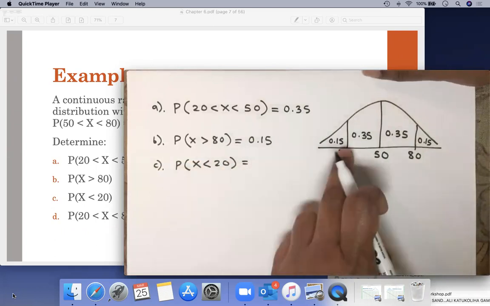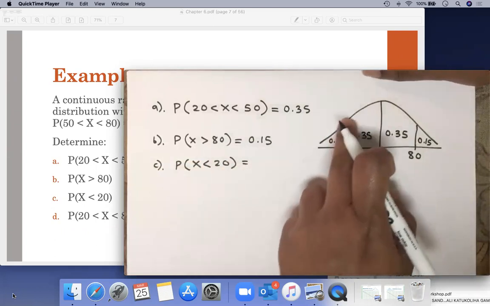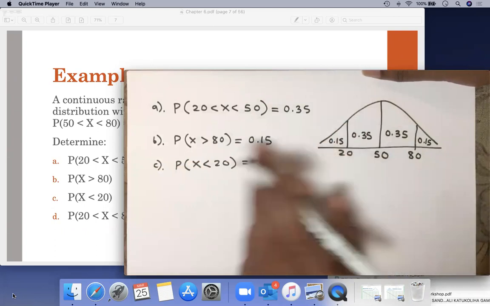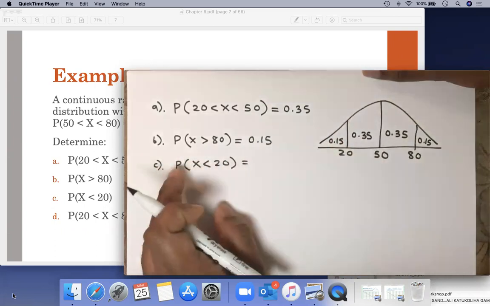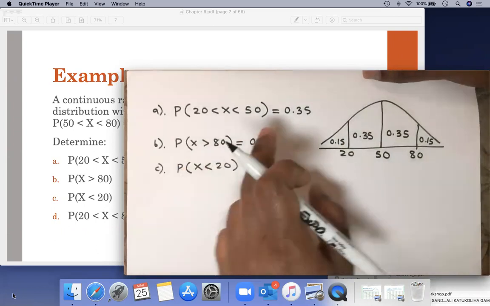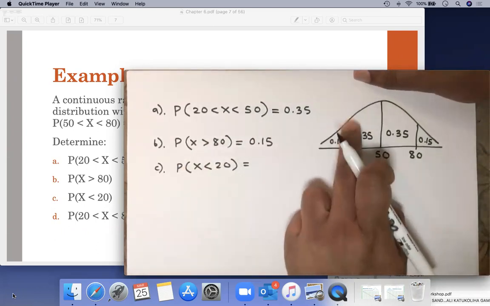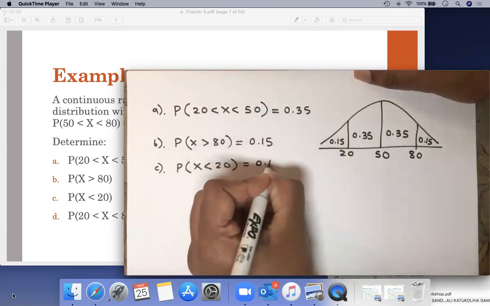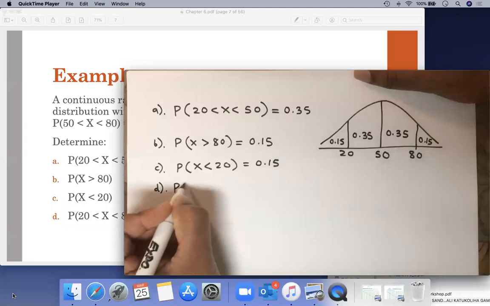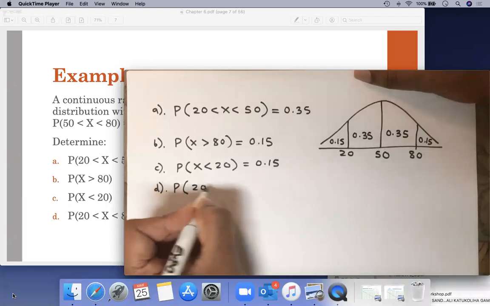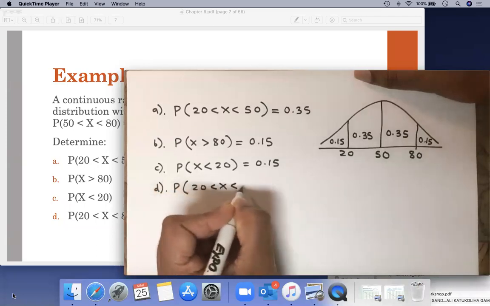So x values less than 20, the left side, so this small area. Because probability means the corresponding area. So it's again 0.15.